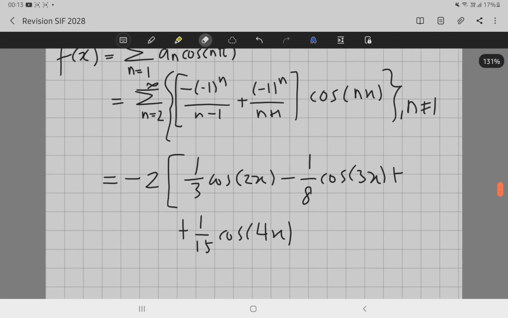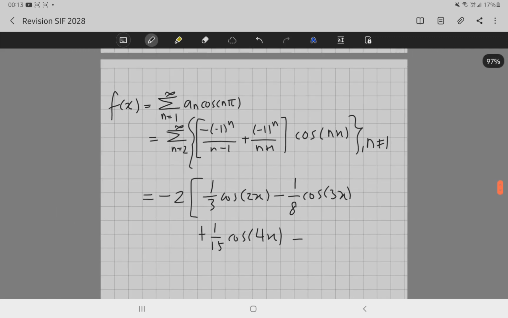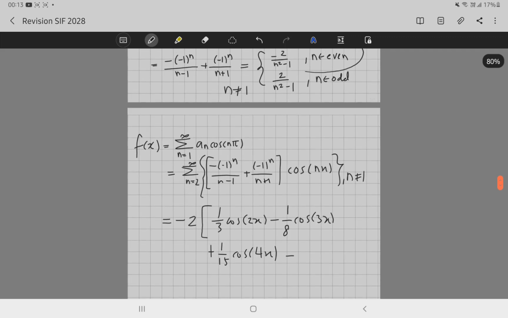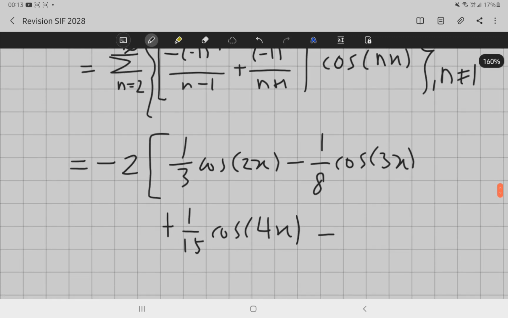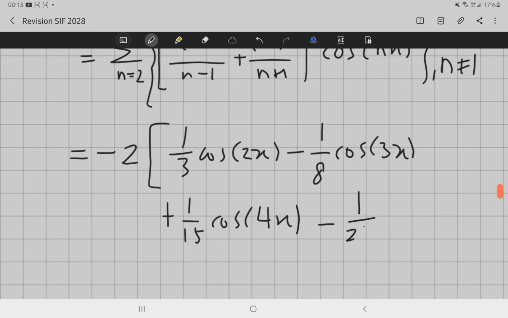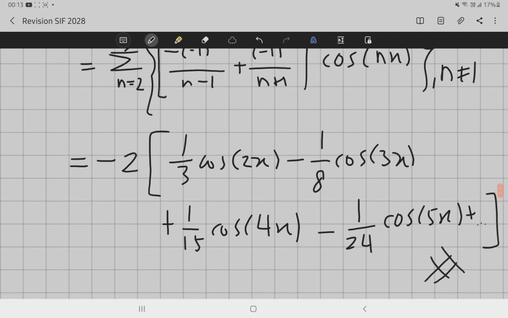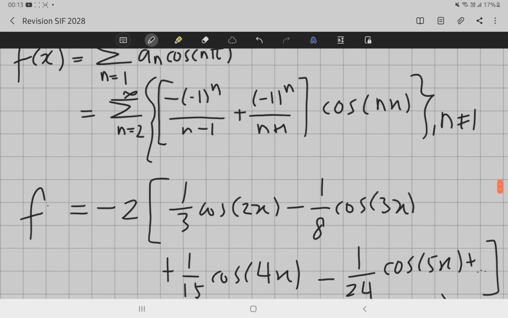Plus minus, so 2, 3, 4, 5. 5 is odd. 25 minus 1 is 24. 1 by 24 cosine 5x plus dot dot dot. Okay, so this is our final answer for f of x.